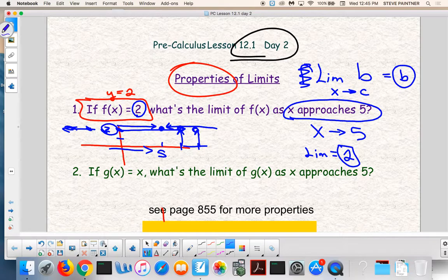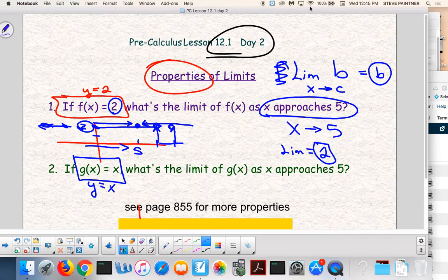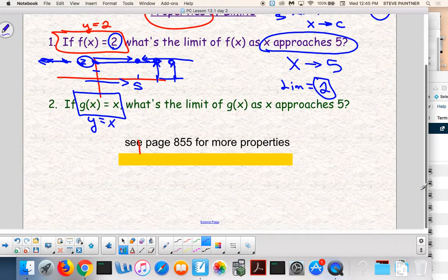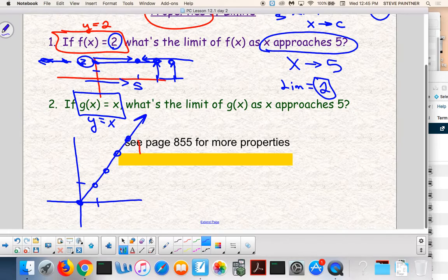And then you read the next property. It's this one. If g of x equals x, which means y equals x, what does that graph look like? A 45-degree line, or a line with a slope of 1. So here's a line with a slope of 1, and it continues this way.